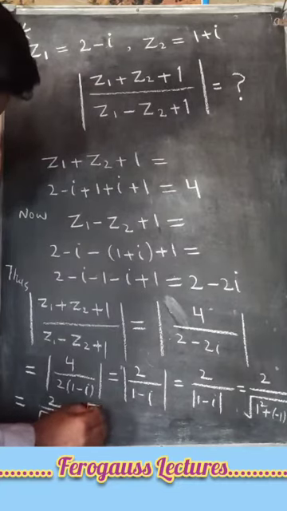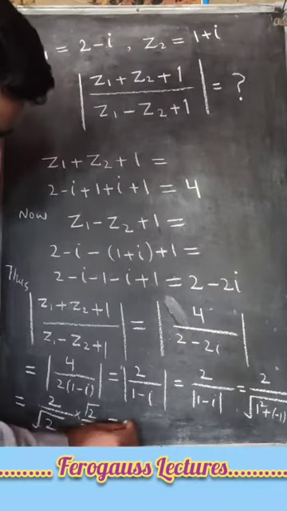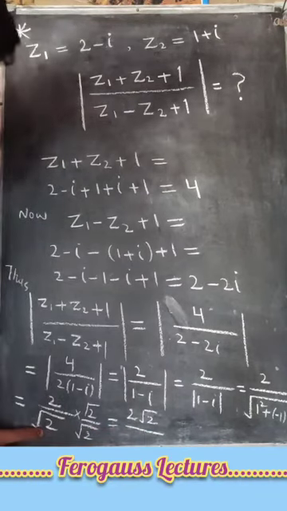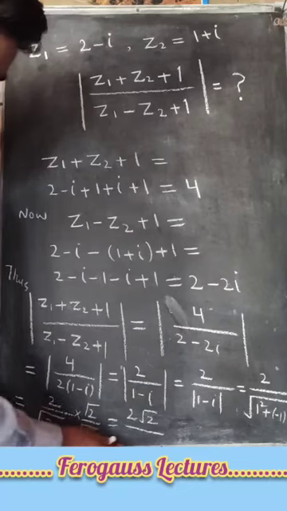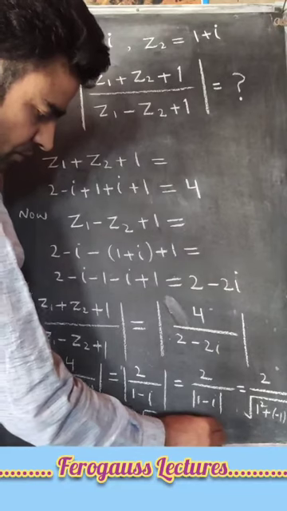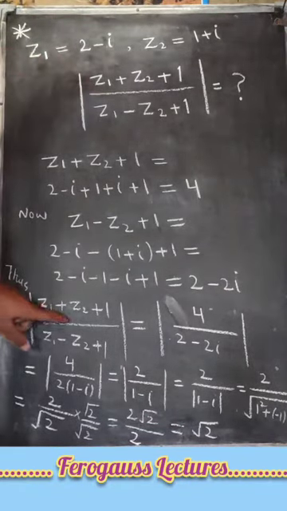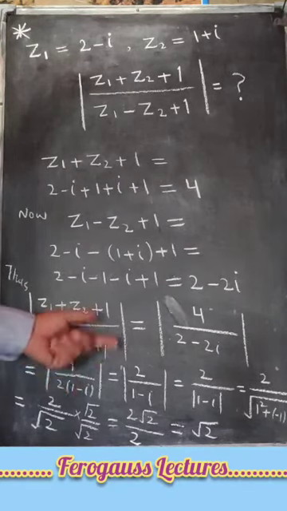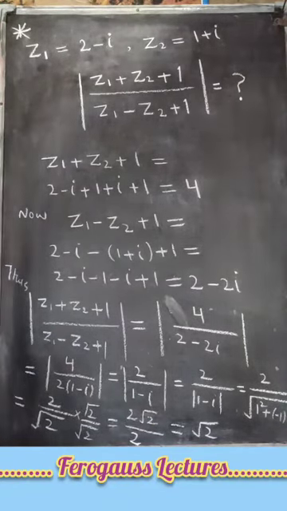Multiplying numerator and denominator by square root of 2 we get 2 root 2 divided by square root of 2 into square root of 2 is square root of 2 square, that is equal to 2. So we get square root of 2. Okay, thus the modulus of Z1 plus Z2 plus 1 divided by Z1 minus Z2 plus 1 is equal to square root of 2. That completes the question.